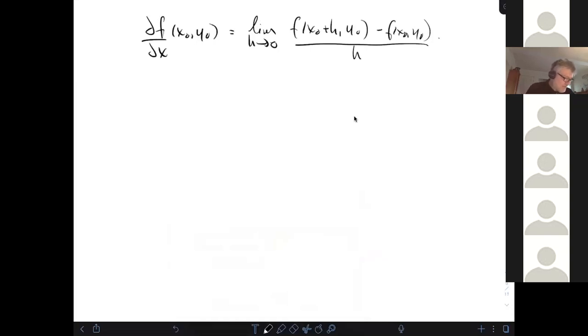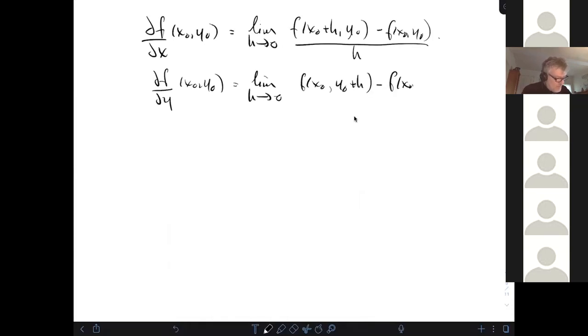I'm just looking at an increment in the x direction. The y direction stays completely constant, and it's the same in the y direction. This is the limit as h goes to 0 of f of x0, I increment in the y direction only. I keep the x direction completely constant, and this is what I get.